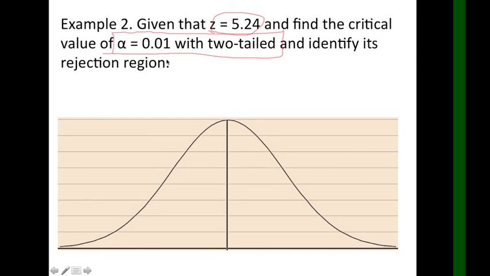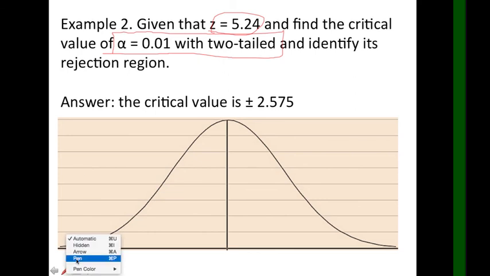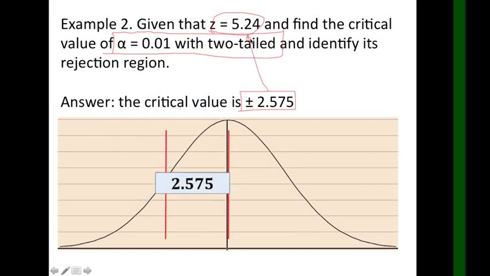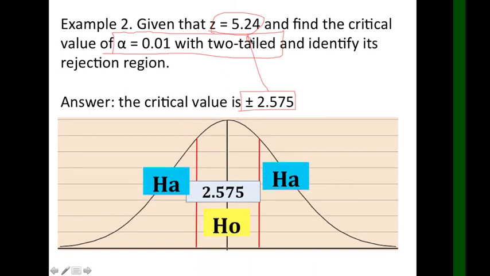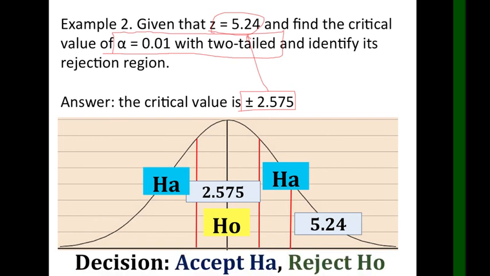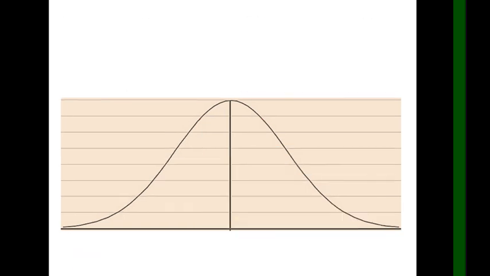So, ang nakukuha natin dyan ay 2.575. Ngayon, tignan natin kung i-reject natin yung HO o hindi. So, this is our critical region. Kapag nasa loob, i-accept si HO. Pag lumabas, i-accept si HA. Ito yung nakuha natin, 5.24. Lumagpas. So, therefore, we will accept HA and reject HO.